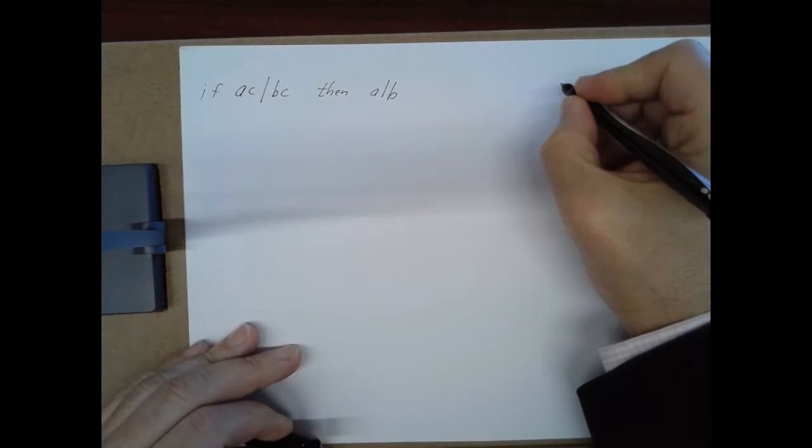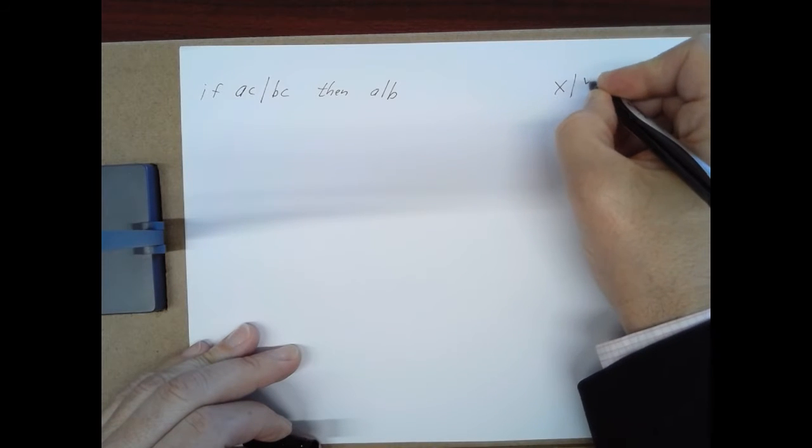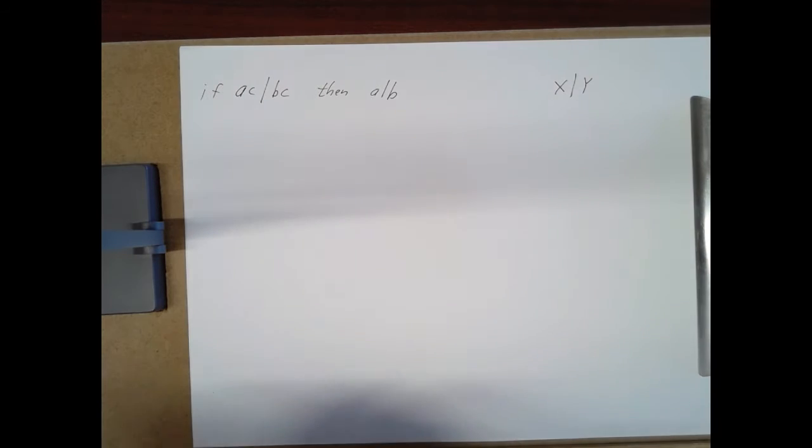So what does it mean when we say X divides Y? Remember the definition? That wasn't the definition we originally used when we said divisibility, though. Say again? Y equals X. Not necessarily.